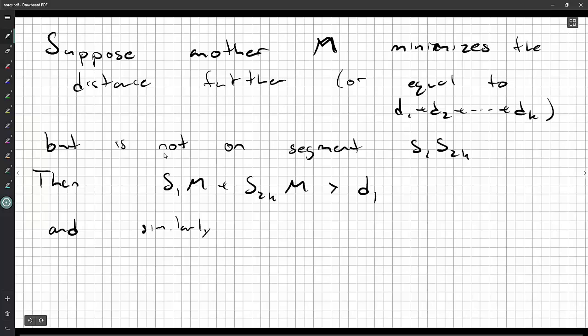And similarly, I think I might need to do a picture to better explain this. Just trying to think if there's a cleaner way to write this.